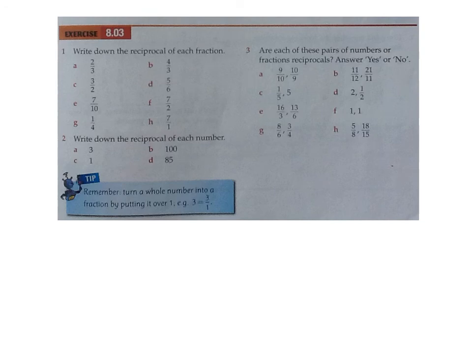Have a go at this exercise 8.03, and they ask for the reciprocal, so all you do is you turn it on its head. It's very, very good practice for you, and it shouldn't take long. Remember to read the blue box down there at the bottom, the tip. Had it before, but it's good advice. It's something you need to just fix in your mind.